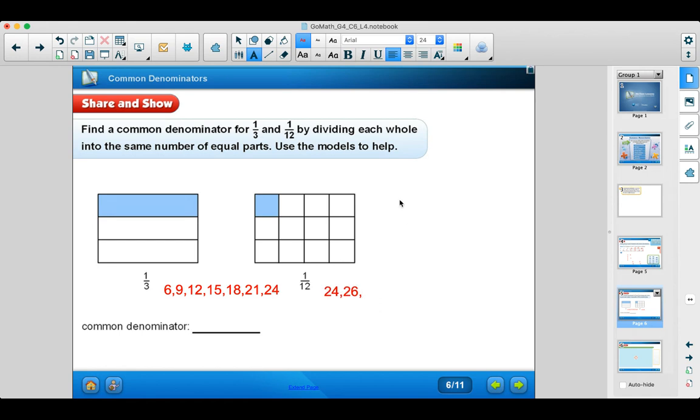So 1/3 is equal to something over 24. Let me see if I can just write this.